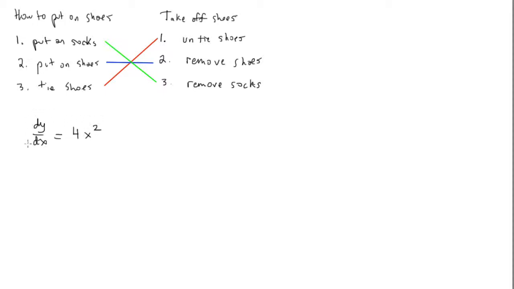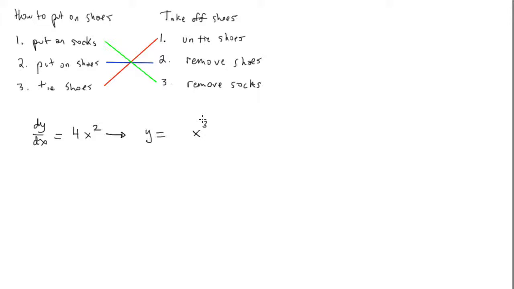So if we just think about this for a minute, we might say, okay, what functions have x squared as their derivative? Well, it's going to be something that has an x cubed. What's the derivative of x cubed? 3x squared.